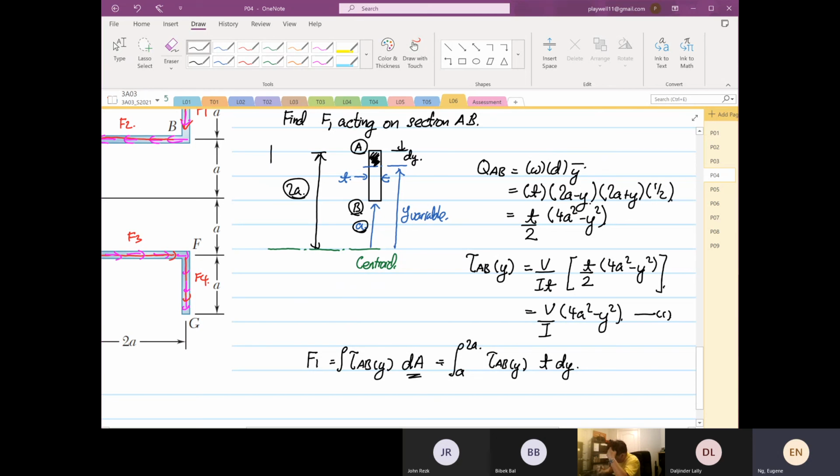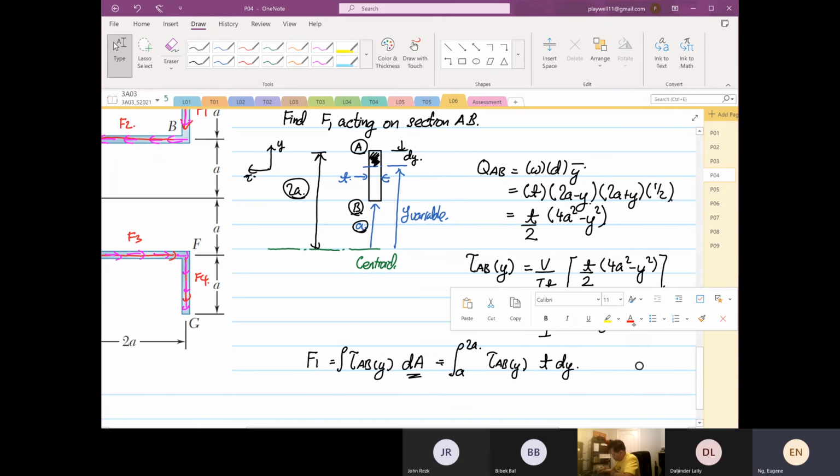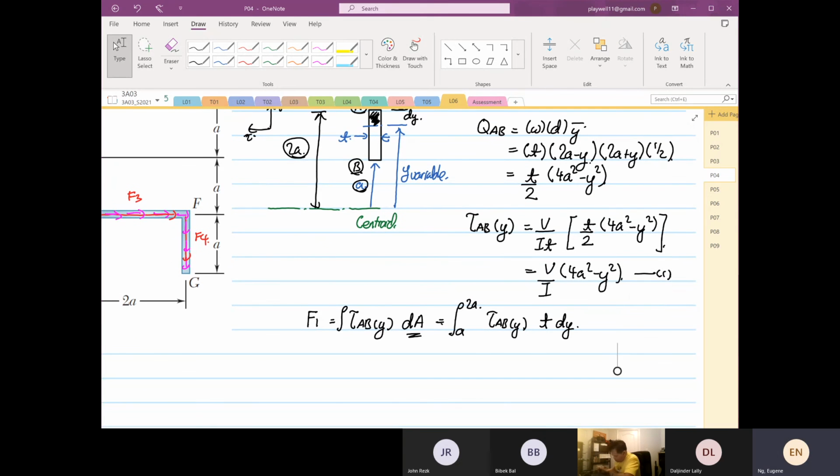So let me draw a transformation. I forgot the transformation. So this is y and z. Okay. So from here it's just a matter of substitution. Sorry, I missed out a 2 down here. So this is equal to V over 2I, right?